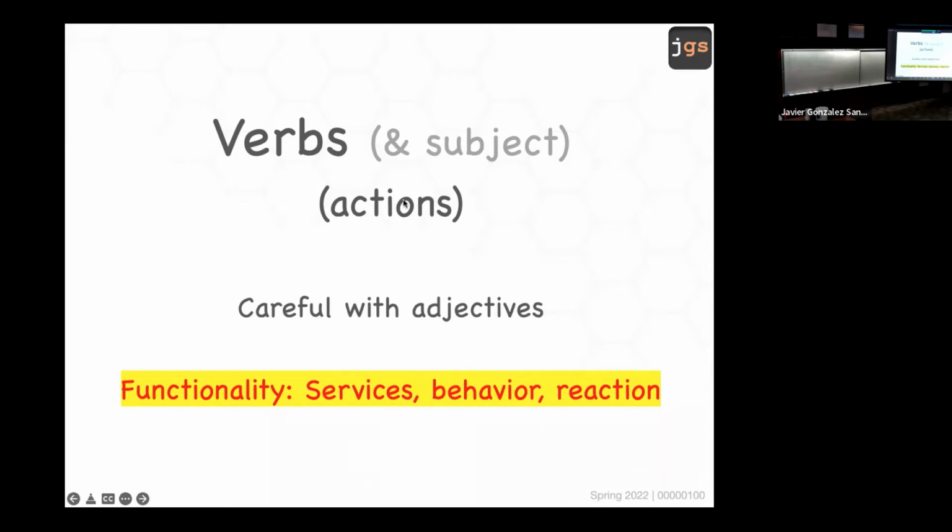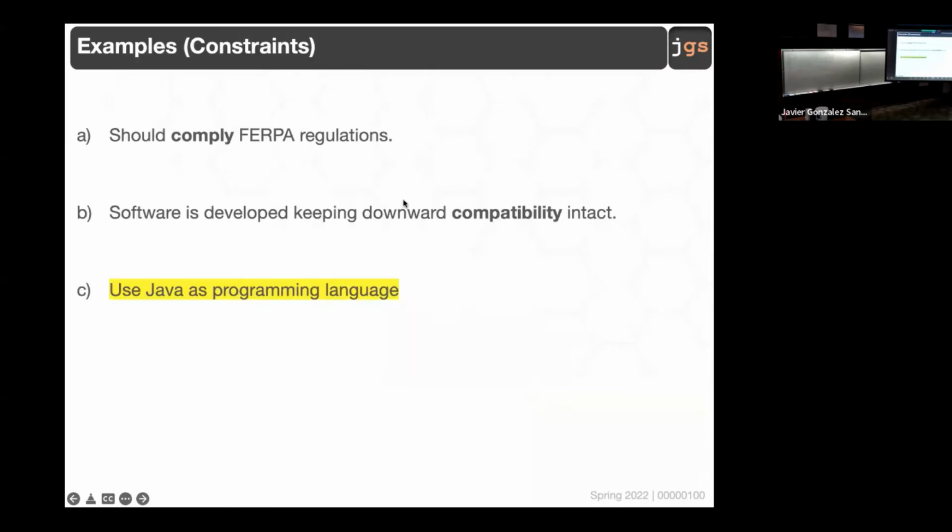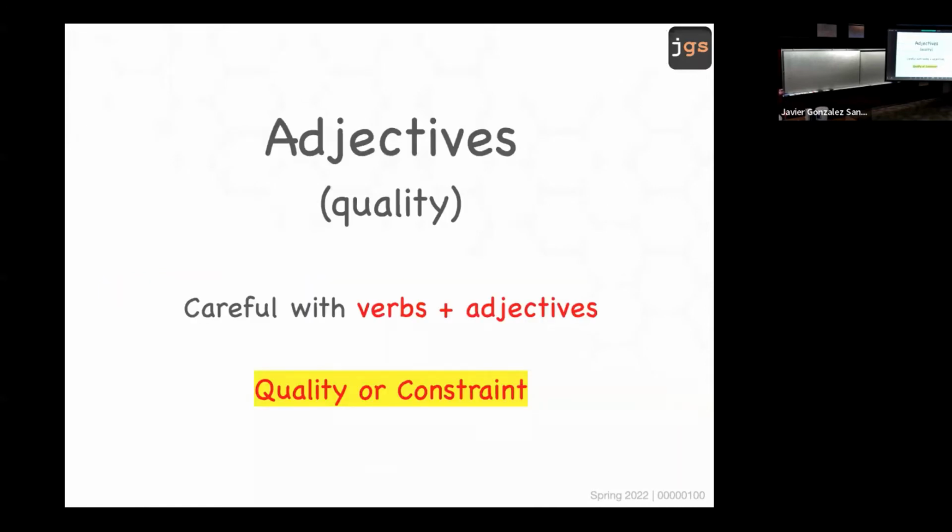Now, something that we moved forward to review was the non-functional. For the non-functional, usually they are going to be adjectives. Forget about the verbs. What you're going to have there most of the time, and again, it is not a rule, I am not telling you that if you do not have an adjective, you do not have a non-functional.